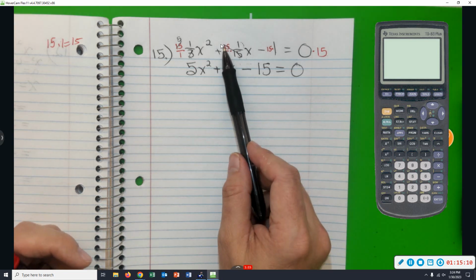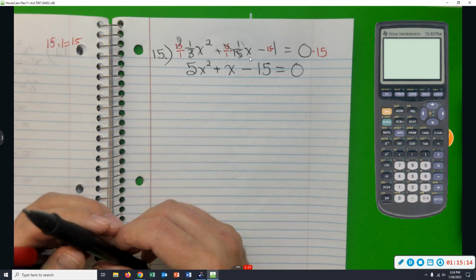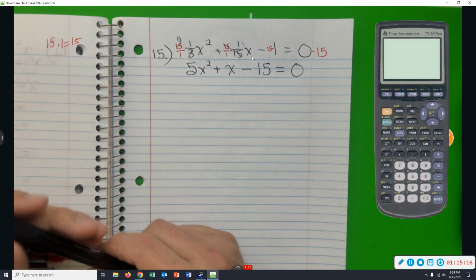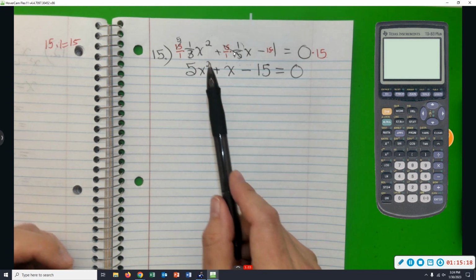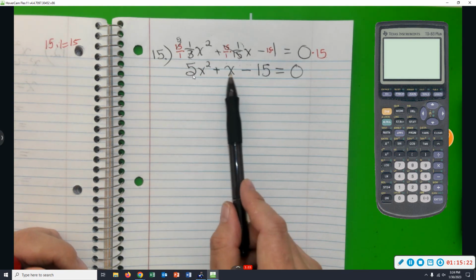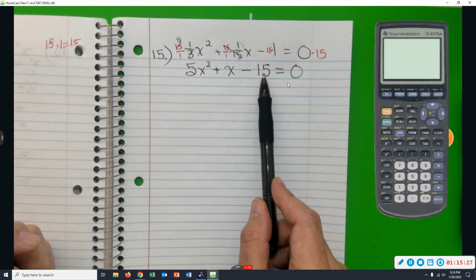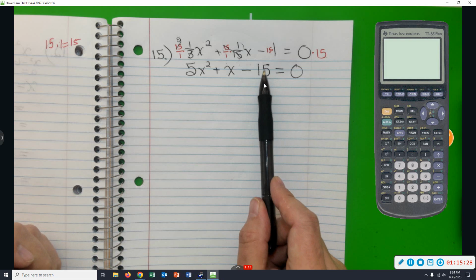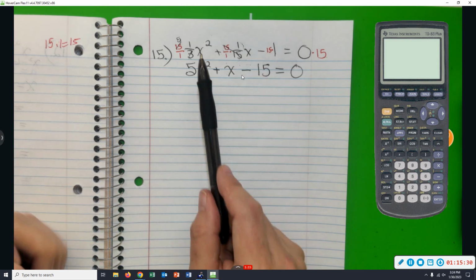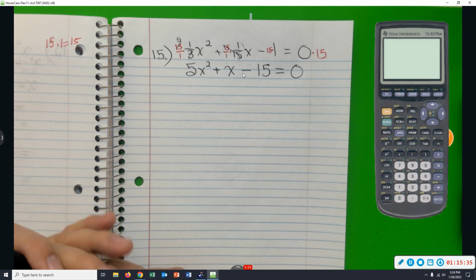Doesn't 15 go evenly into 30? 3 times 15 is 45. You could have used 45. The only thing is, if you use a bigger number to cancel them out, then these numbers are going to be bigger, and you're going to have more reduction at the end. So try to use the smallest number that the denominators both divide evenly into.